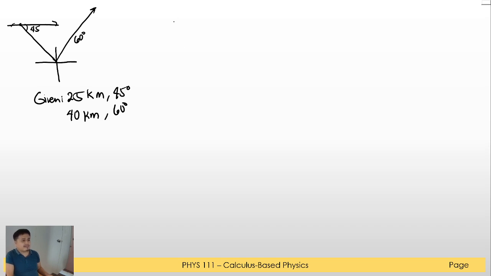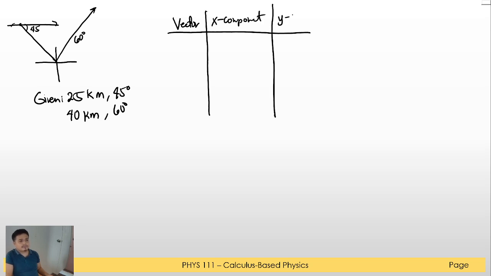So we have the first vector, and then we tabulate the x component here and the y component. Okay, so for vector 1, let's just call this vector A, since it is much more fitting.